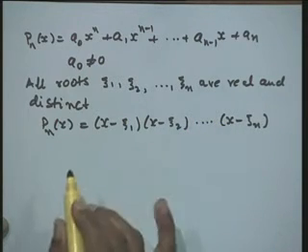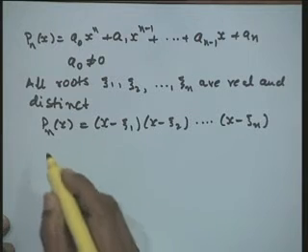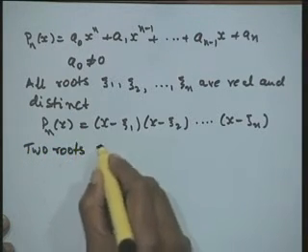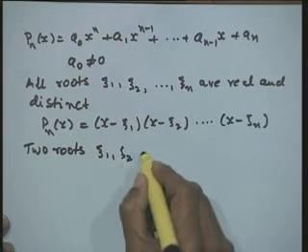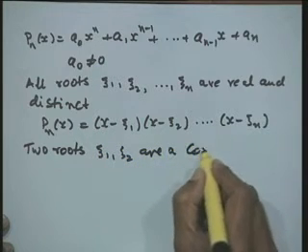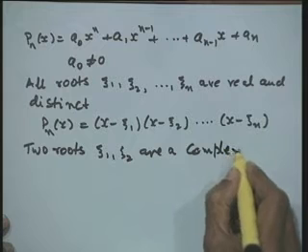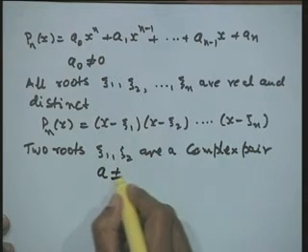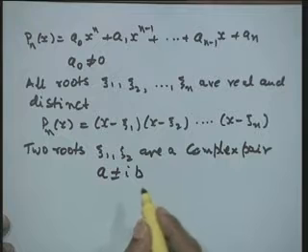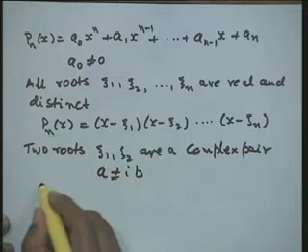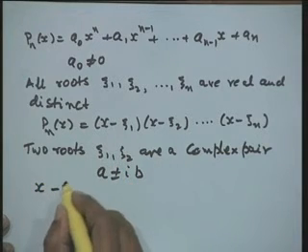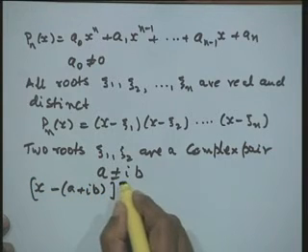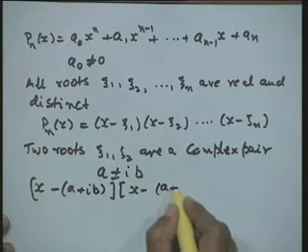Now, if the roots are a complex pair, let us take the case of two roots, say xi 1 and xi 2, a complex pair. Let us take these roots as a plus minus i b. Then let us see what happens to this factor. I can write this as x minus of a plus i b into x minus of a minus i b.